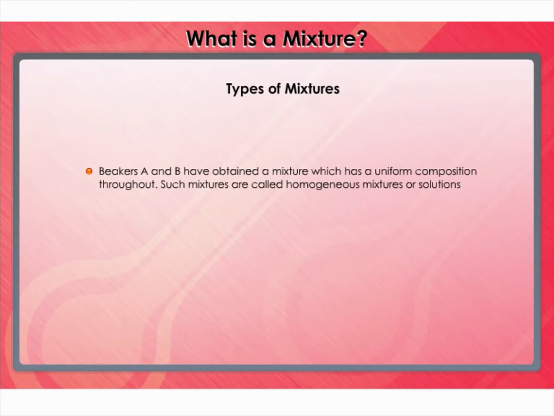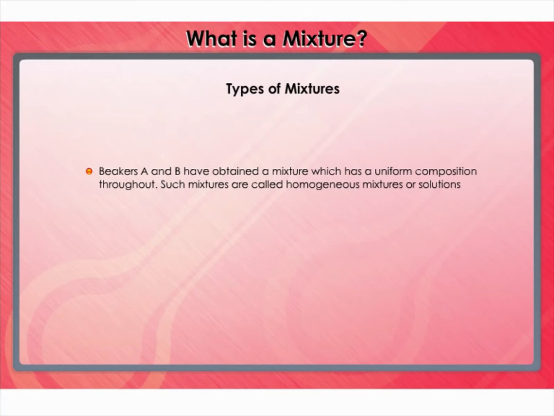Let's note down the observations. Beakers A and B have obtained a mixture which has a uniform composition throughout. Such mixtures are called homogeneous mixtures or solutions. Both the groups have obtained copper sulfate solution, but the intensity of color of the solutions is different.